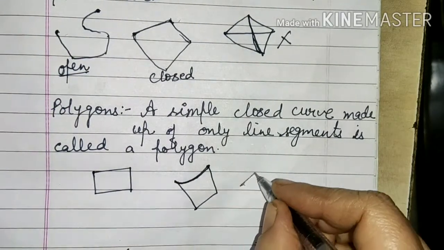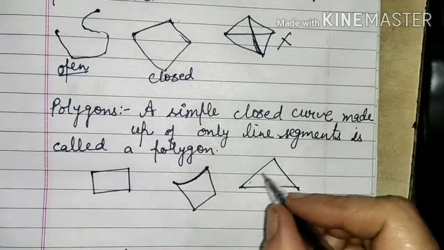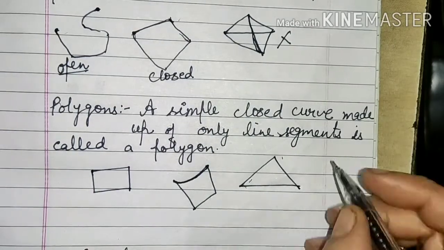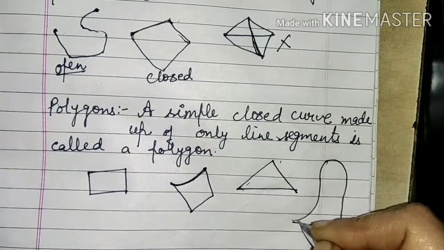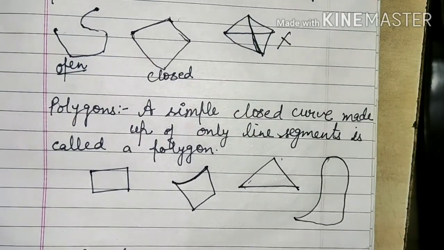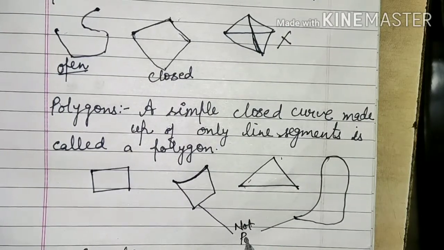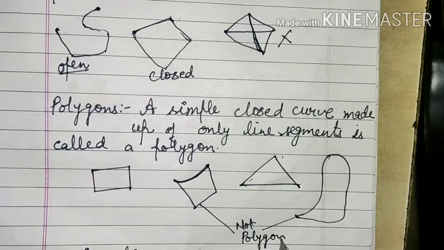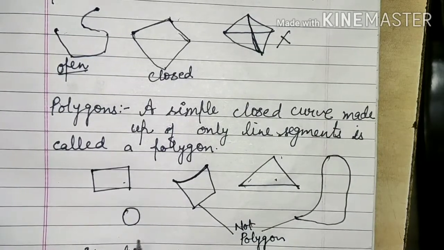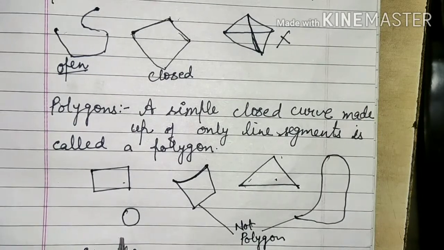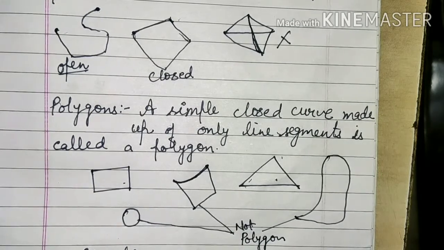In polygons we have to use line segments only. If we use a curve, it is not a polygon. These two are not polygons, and these two are polygons. The circle is a closed plane curve, but it is not a polygon.